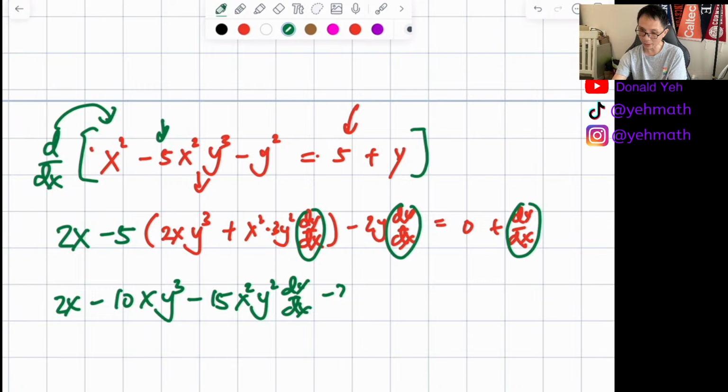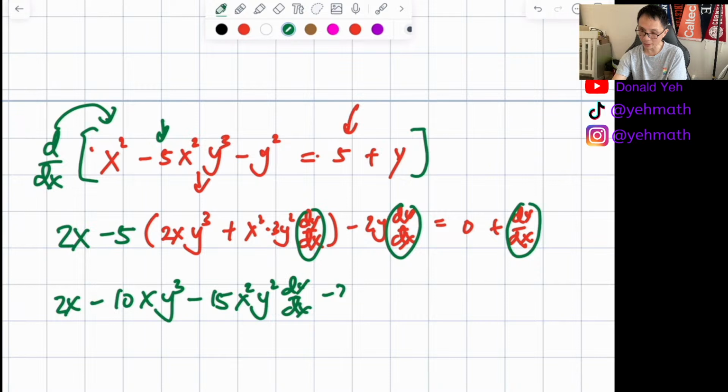So that's 2x minus 10x y to the third is equal to dy/dx plus 15x squared y squared dy/dx plus 2y dy/dx. And I'm going to factor out dy/dx afterwards.